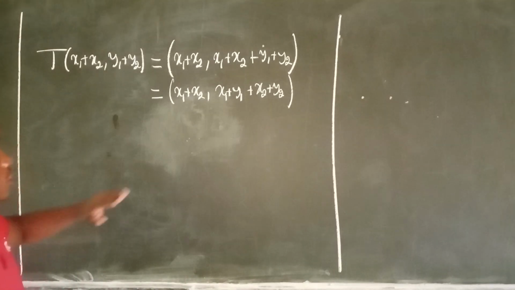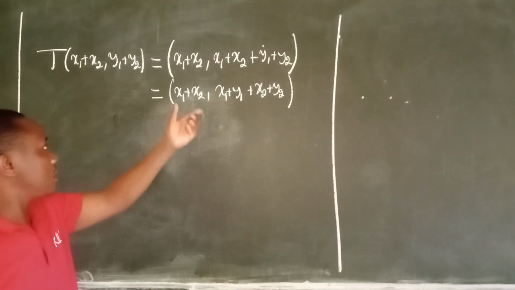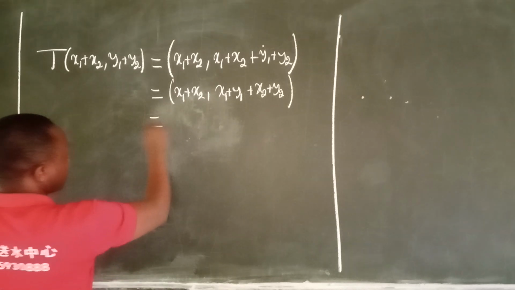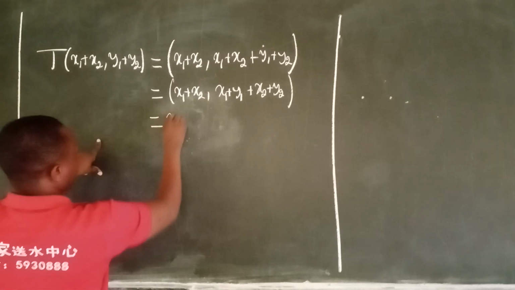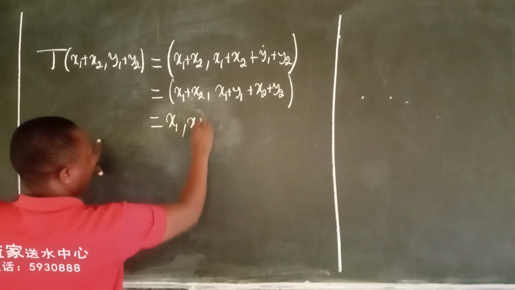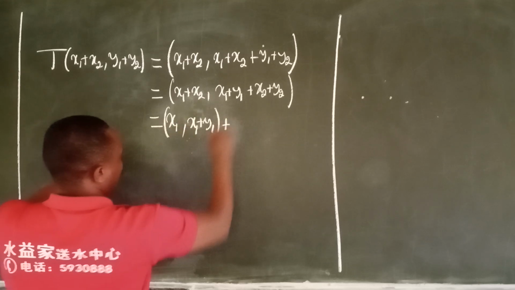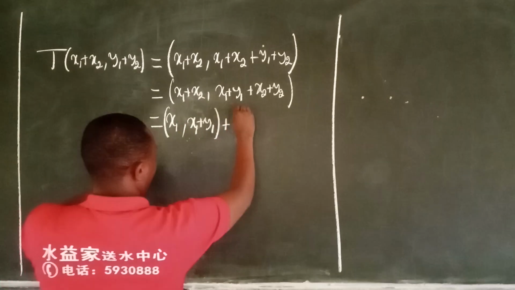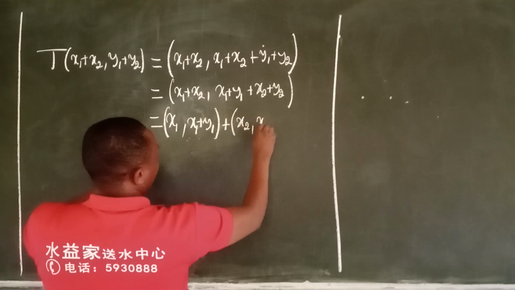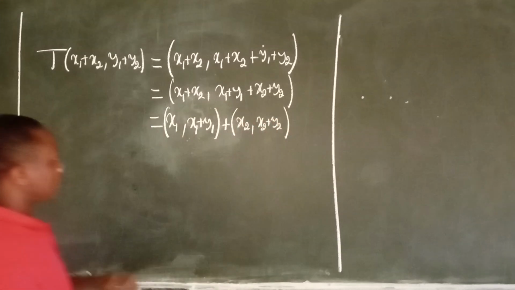We are going to separate this vector in a way we like into two different terms. This is equal to (x1, x1 + y1) + (x2, x2 + y2).